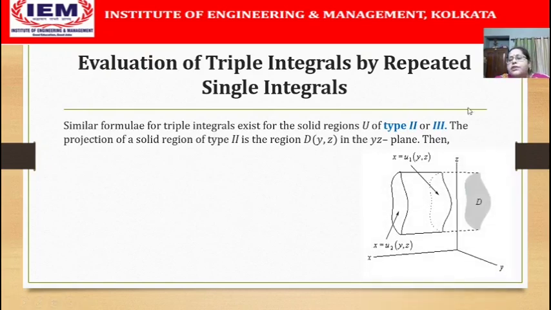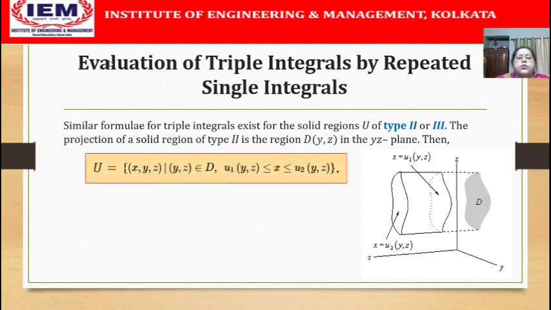So it is essentially like this, where we assume that x varies from this surface u1(y,z) to the surface u2(y,z), and the projection of this region lies on the yz plane, written as D(yz). So therefore now the region U may be represented as the set of points (x,y,z), where (y,z) belongs to D and x lies between u1(y,z) and u2(y,z).